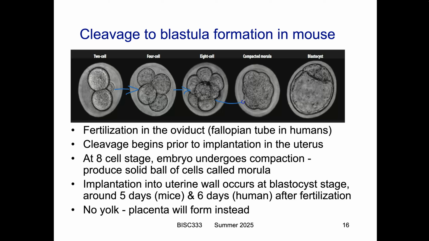But there is a process here referred to as compaction. When you look at the pre-compaction and post-compaction, it's compacted to the extent that it's really hard to see. You could just barely make out the little divisions between the cells.